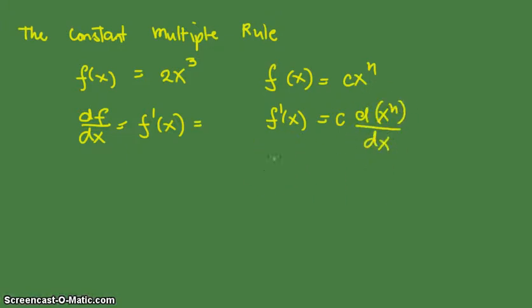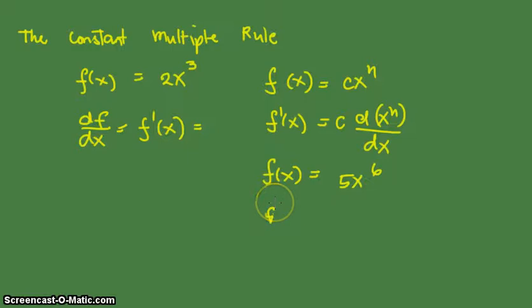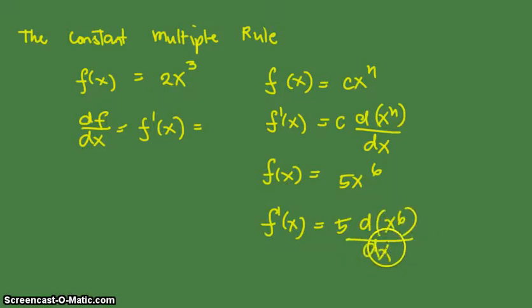So in simple words, if f of x is equal to 5x to the 6, the derivative of f of x will be 5, and then differentiate x to the 6 with respect to x. That simply means 5 times the derivative of x to the 6, which is 6 times x to the 6 minus 1, which is 5. This is just equal to 30x to the 5.